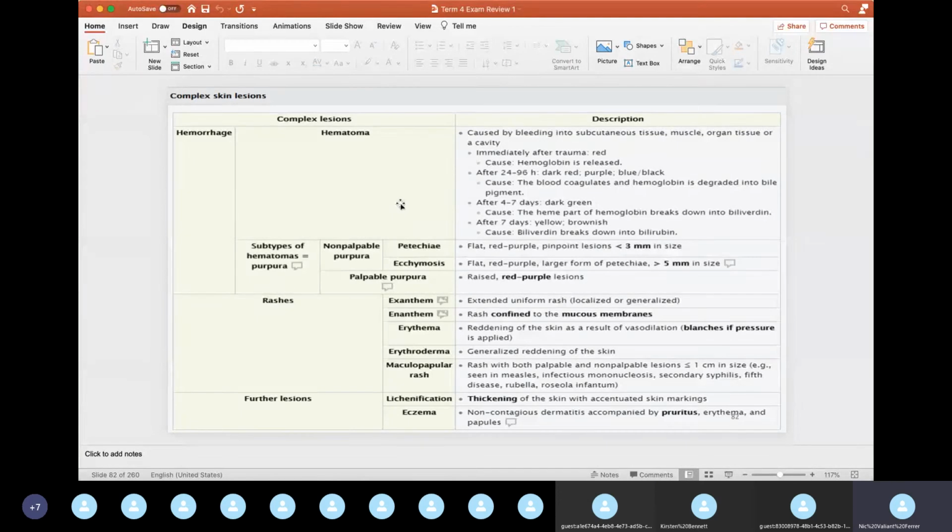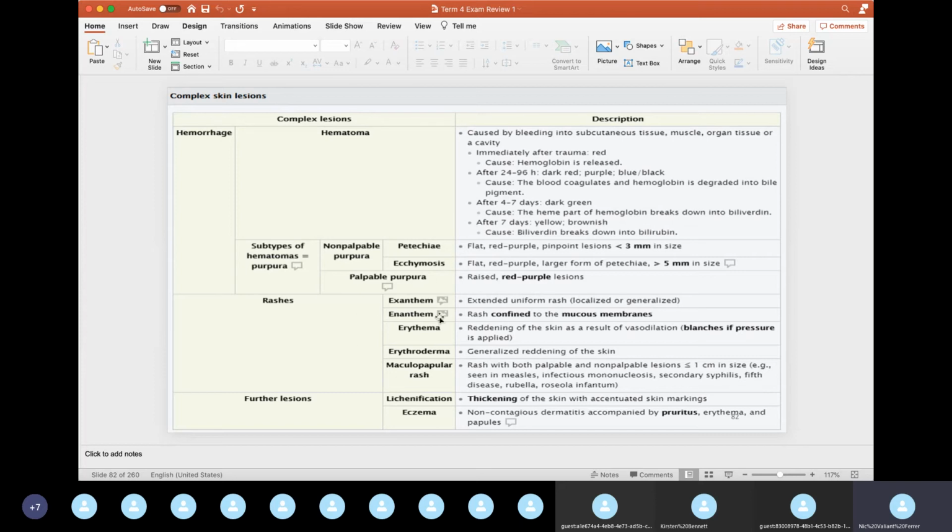Okay, so hematoma, there are different types. Non-palpable and palpable. Non-palpable: petechia and ecchymosis. It depends upon the size, okay? Petechia less than 3, ecchymosis more than 5. A palpable purpura is a red-purple lesion. Rashes: exanthem, enanthem.